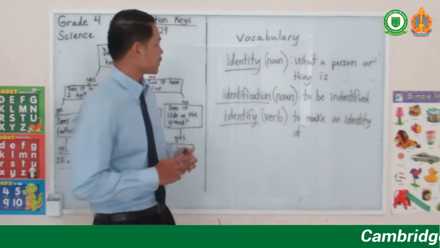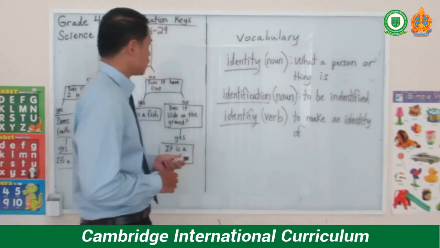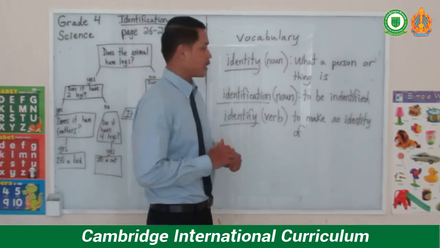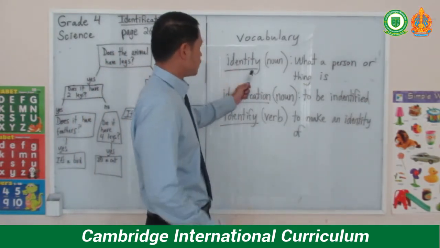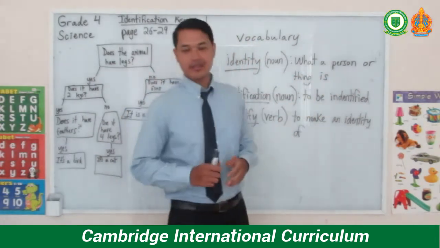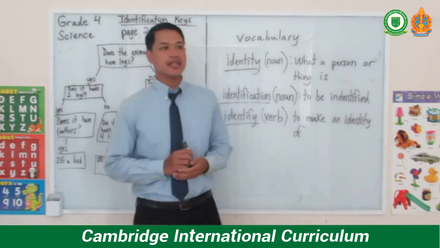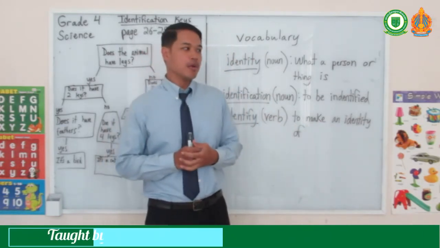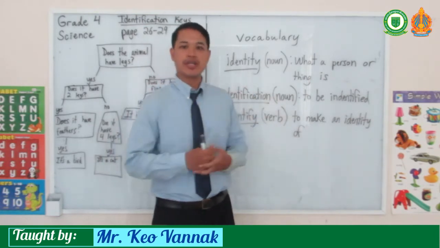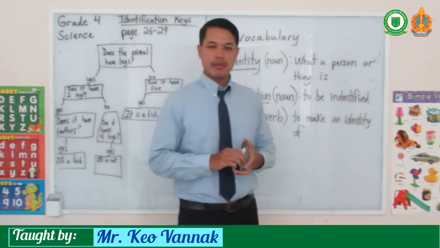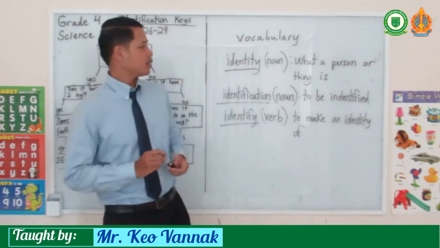Good job. Identity is a noun. The definition is what a person or thing is. Identity is who you are. It's what a thing is, what an object is, or what an animal is.